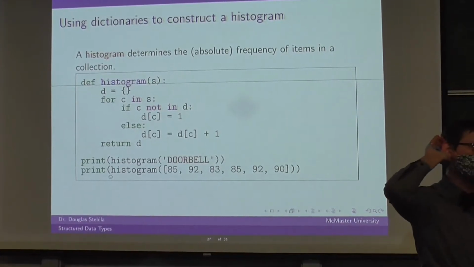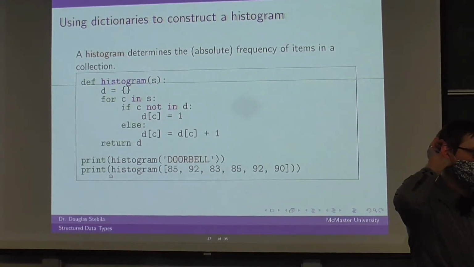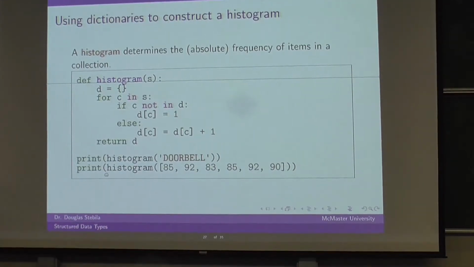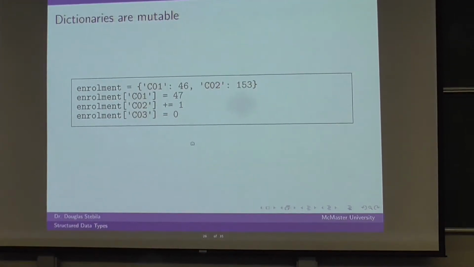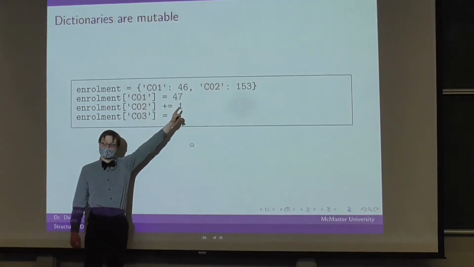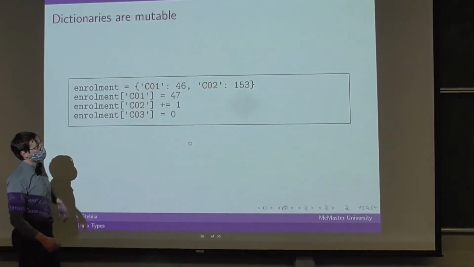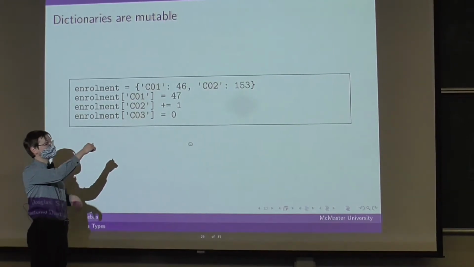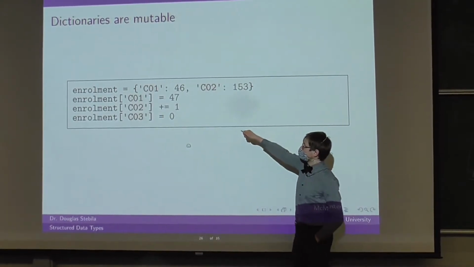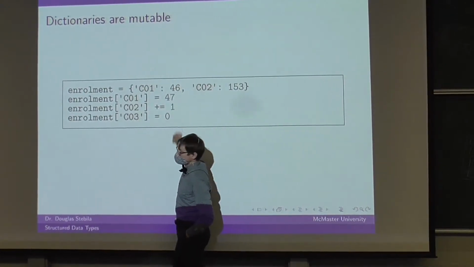Sorry, the example from the previous slide, can you explain why the output is 47? In this line, we declare the dictionary. This is a brand new dictionary we're declaring. We are associating the string CO1 with the number 46 and the string CO2 with the number 153. On the next line, we take CO1 and set its value equal to 47.